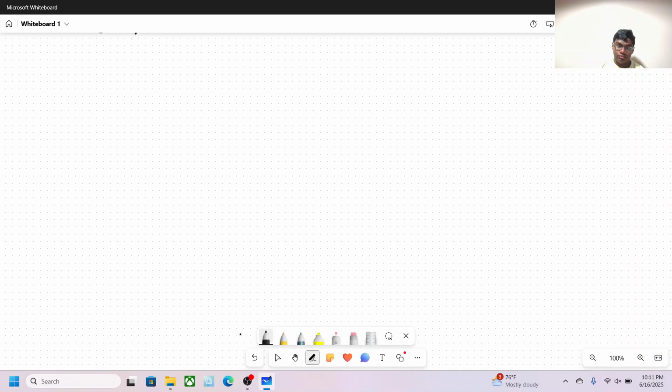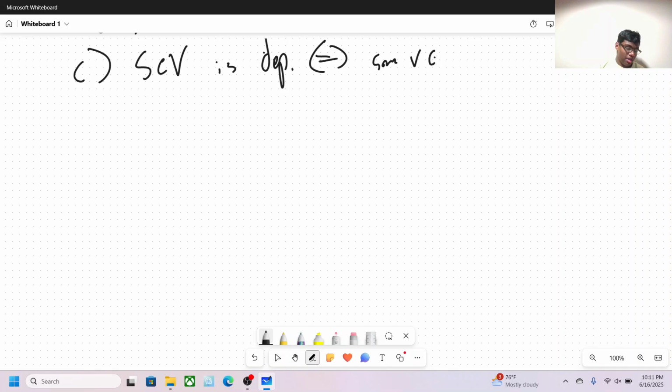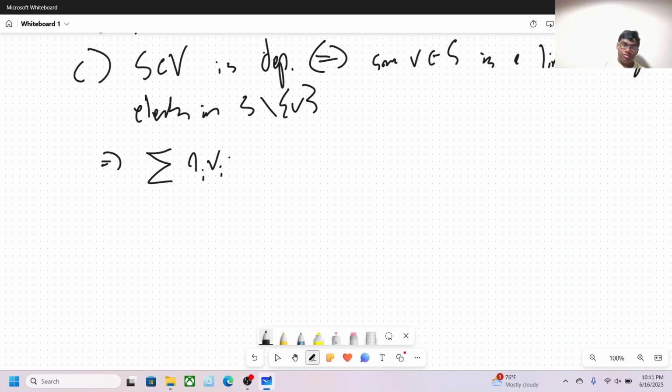And part C is: S subset of V is dependent if and only if some v in S is a linear combination of elements in S not including v. Why is that? If we have a sum of a_i v_i equals 0, then take, say, v1 to be v.